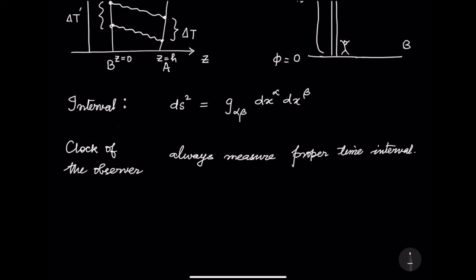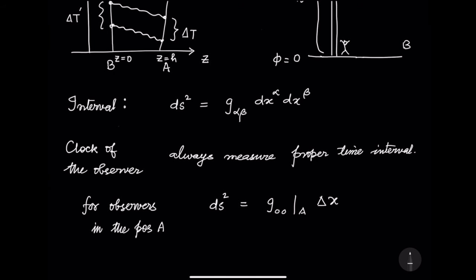So for observers in position A, ds square is given by g00 at A times the time interval that observer sees between the two events that happen.